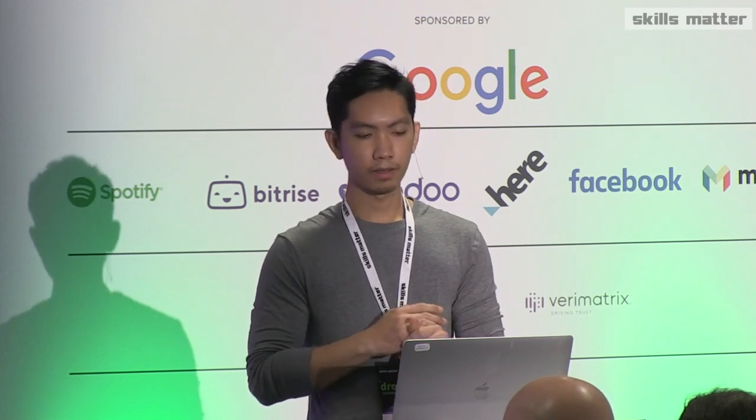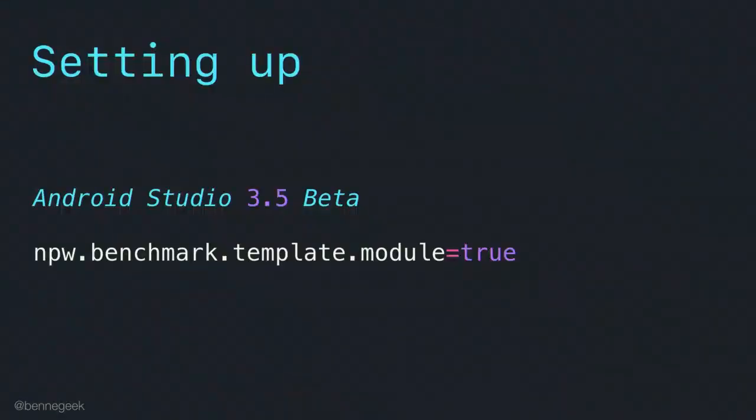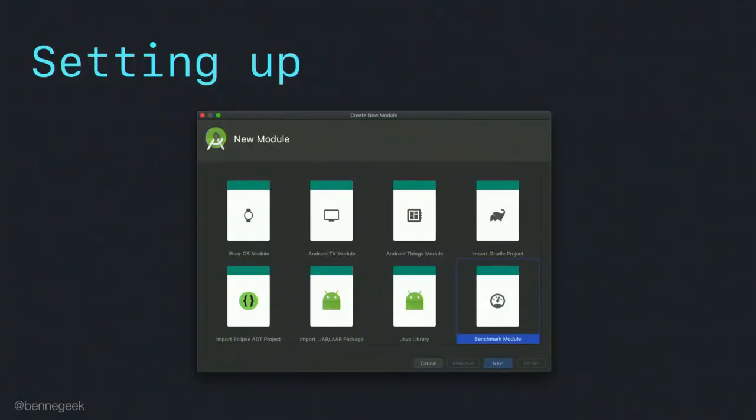So how do you set it up? Very simple. If you have Android Studio 3.6 beta, this is not beta anymore, you just set this property to true on the configuration file, and you will have a new template in the wizard. So it looks like this. When you create a new module, there will be a new option for a benchmark module.